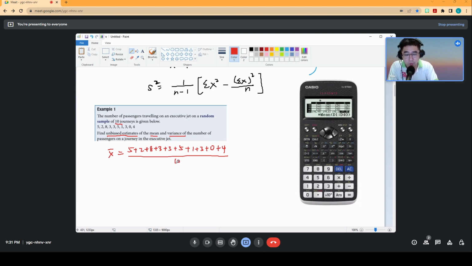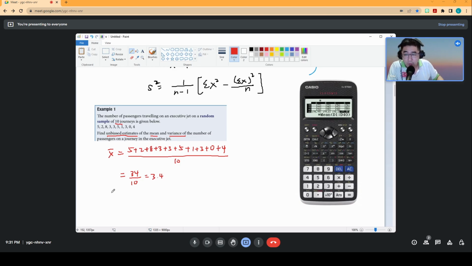Go to statistics mode, one variable. Key in the data, 5 equal 2 equal 8 equal and so on. Then press options, one variable calculator. You will see that the value is 34 over 10, which is 3.4.